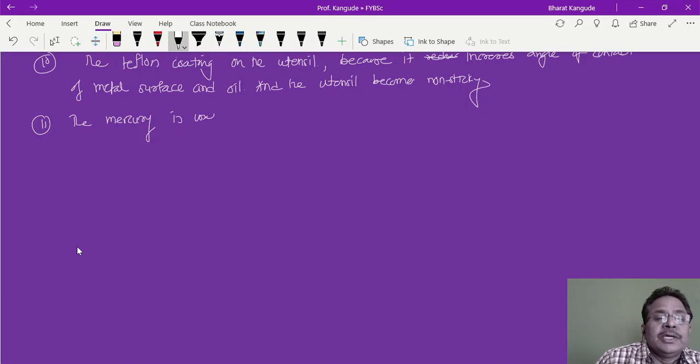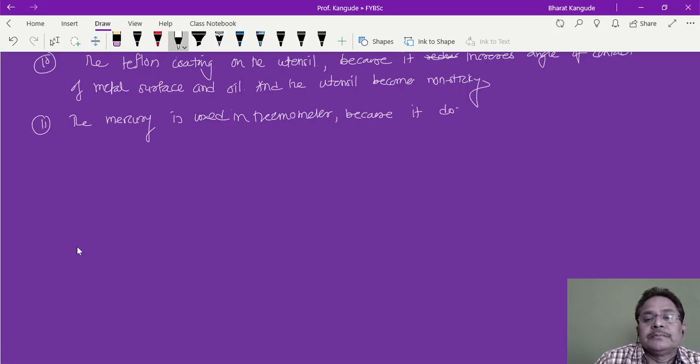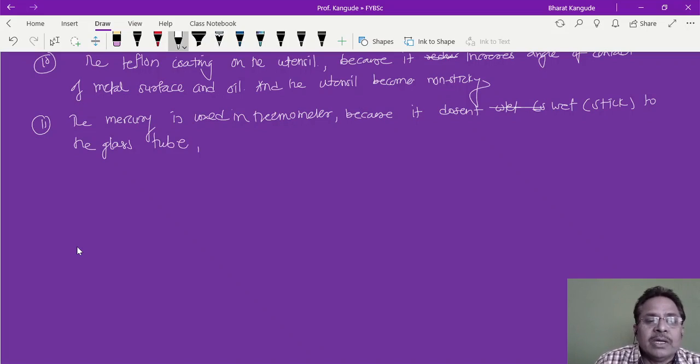Mercury is used in thermometer, okay, because it doesn't wet or stick to the glass surface, glass tube or glass surface, and therefore accurate measurements are possible, accurate temperature measurement is possible.